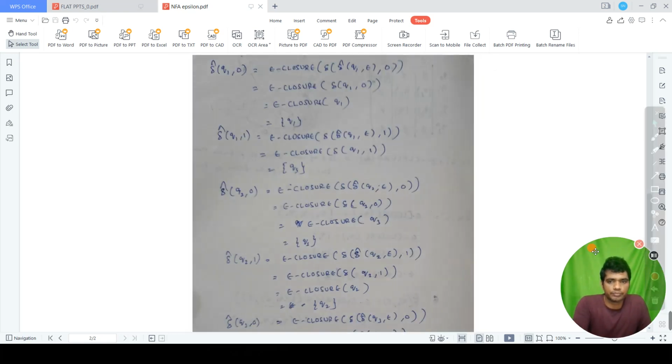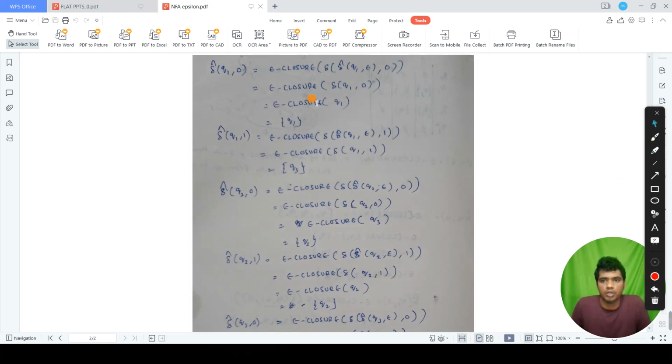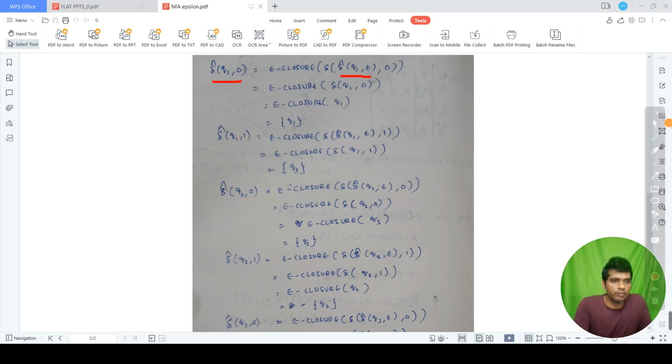So in the next page, we compute again Q1 on 0, Q2 on 0, yeah, Q1 on 0, again same steps. Delta cap of Q1 on epsilon, that is E closure, then apply the input 0, then apply epsilon closure. So all things for all the states, okay, Q1 0, Q1 1, Q2 0, Q2 1, and Q3 0, Q3 1.